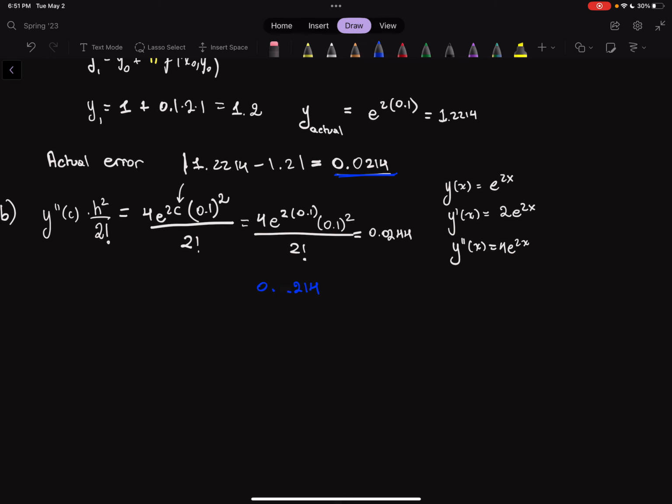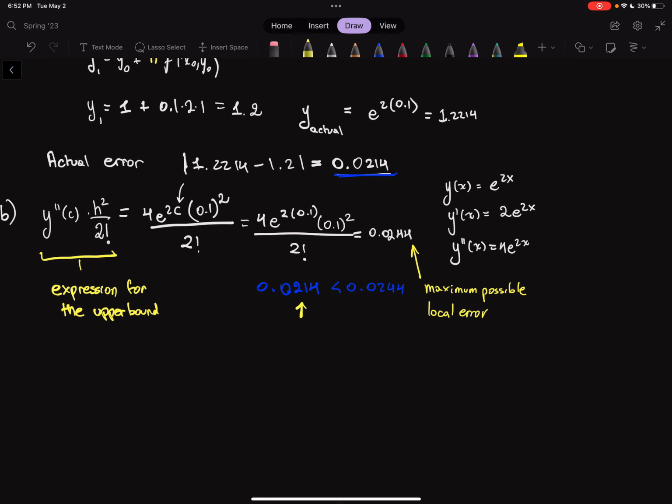So here, 0.0214 is less than 0.0244, where this is the maximum possible local error. And so, yeah, because this was an expression for the upper bound, which is a fancy word to say the most amount of error that we can have.